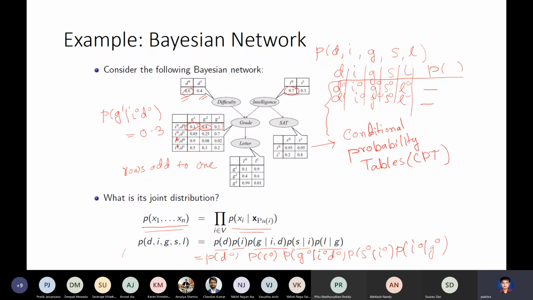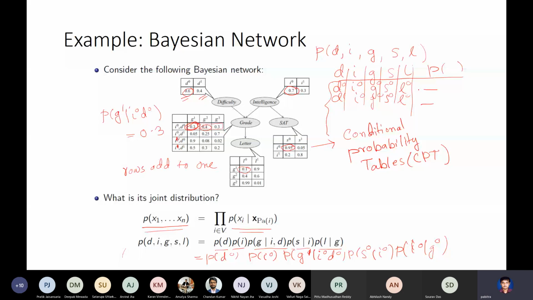What is P(G given I0 D0)? Oh, it should be G1, not G0. There is no G0. This. What is P(S0 given I0)? This. Sorry, P(L0 given G1), this. All these values that we need for computing any of these rows are already there in the CPT.